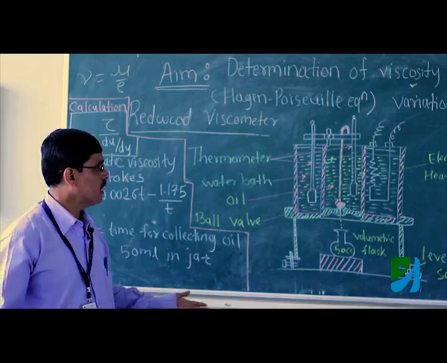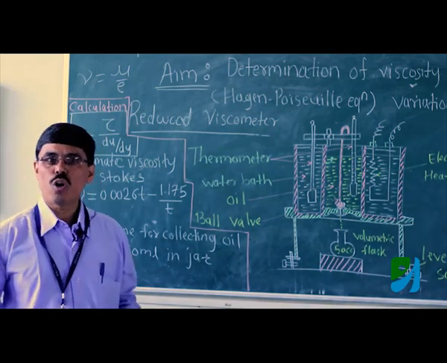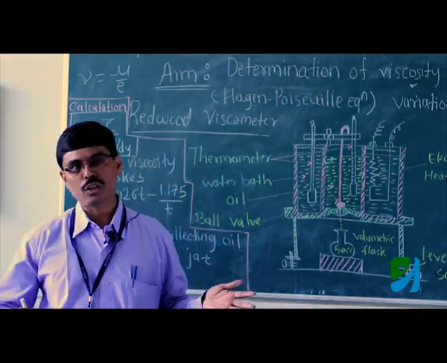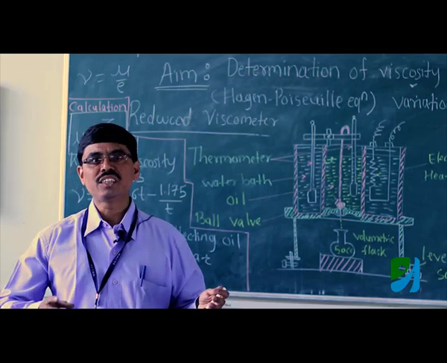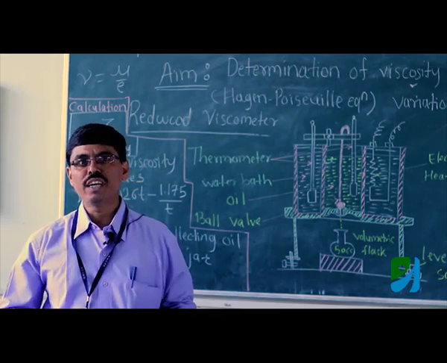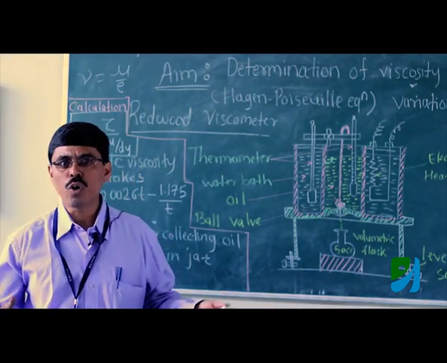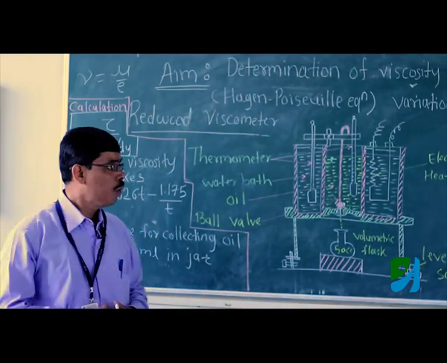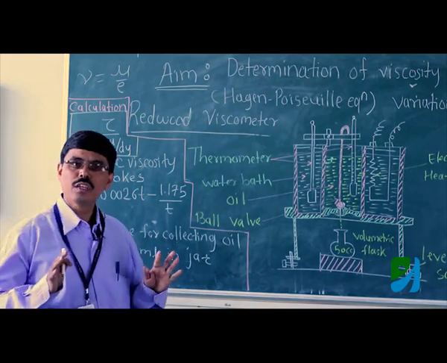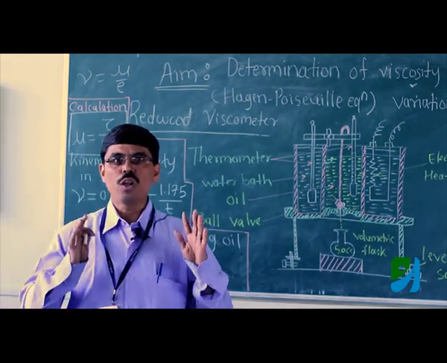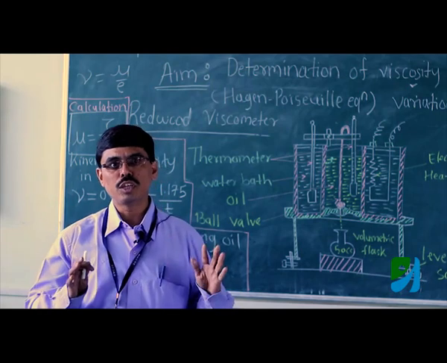Now we will see the different methods by which viscosity is measured. The science of finding the viscosity of different fluids, oils and chemicals is called viscometry. Basically there are three principles on which viscosity is measured.